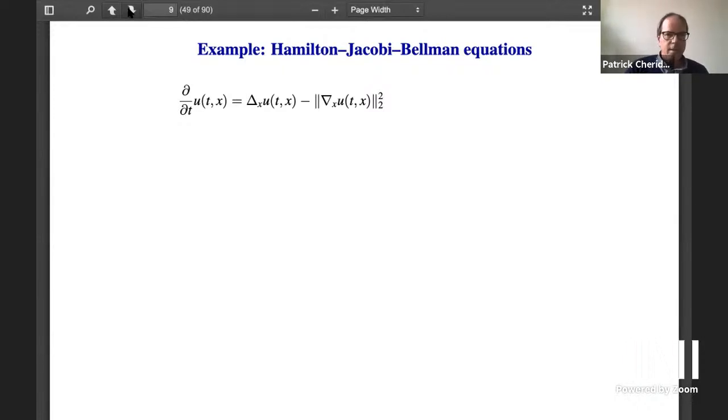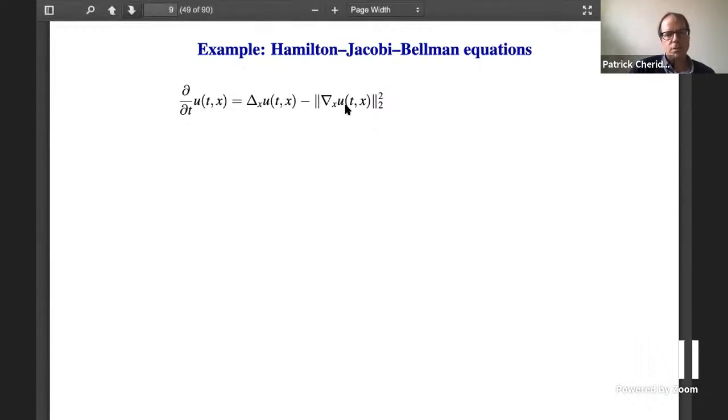To show you how this works in an example, first we solve this stylized Hamilton-Jacobi-Bellman equation, which is just the Laplacian minus the square of the 2-norm of the gradient. So this has the form of a Hamilton-Jacobi-Bellman equation.